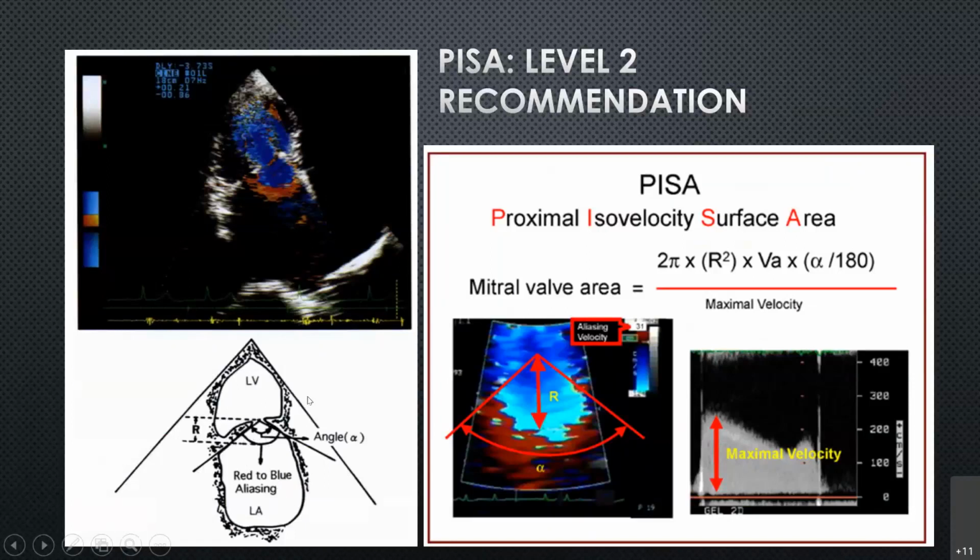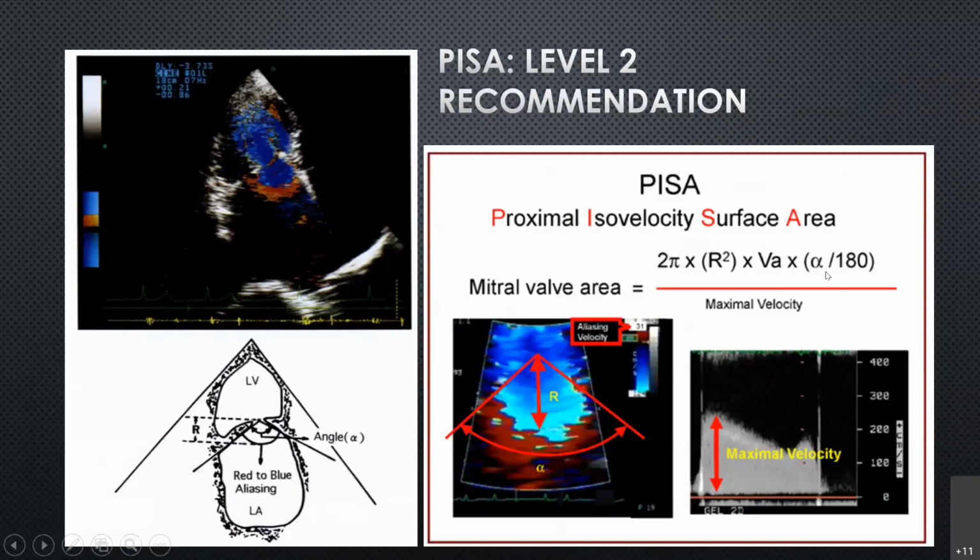And these shells, you get the diameter out of that, right? And with the math, there is an angle correction, alpha over 180. Because when we are doing it for mitral regurgitation, you shift your Nyquist limits towards the left atrium because the regurgitant jet is towards the LA, and you get your radius from there. But here, as the mitral valve leaflets close at an angle, you have to do an angle correction.